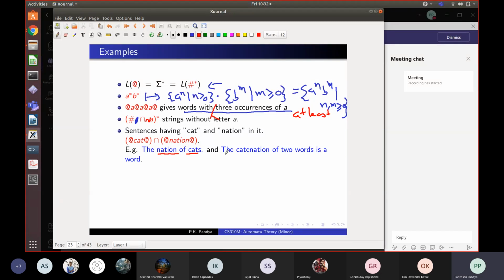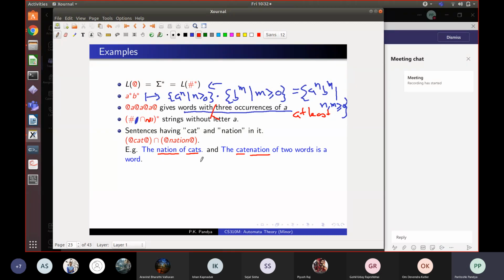Even the right-hand side blue will match with it because there is a cat here and there is a nation here. So I can define things like that. And actually patterns like this are used a lot in some of the natural language processing tasks.